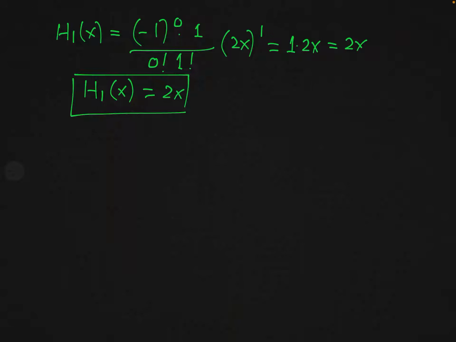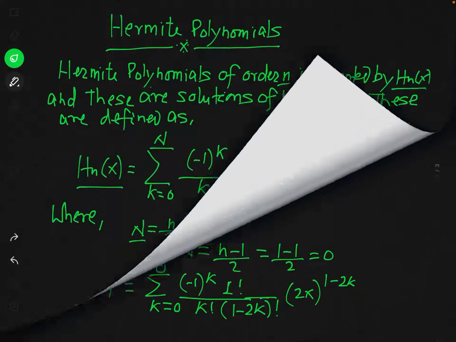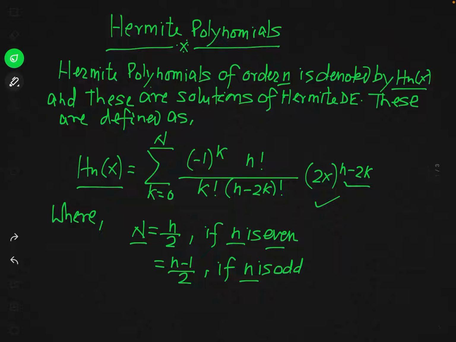Now let us take n equal to 2, and you know 2 is an even number, and therefore if n is even, then you can see from the definition that this capital N, which is the upper limit of our summation, is equal to n over 2.